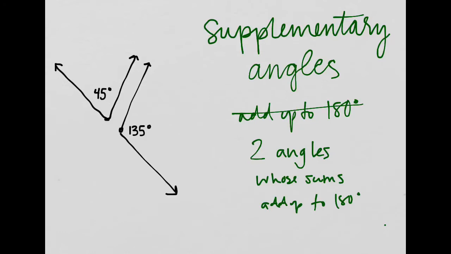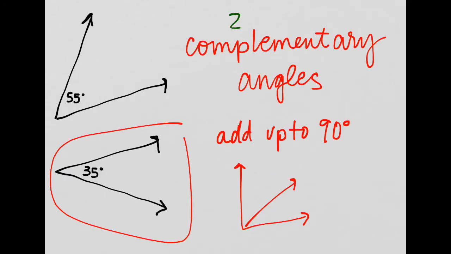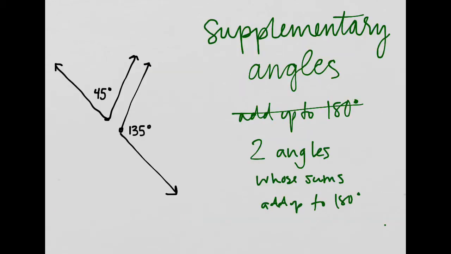Okay? The same with complementary angles. You have to have 2 angles that add up to 90 degrees. You can't have 3 and call them complementary. It's only when you have 2 angles. All right. If I were to take 45 and 135, and if I were to put them together, that sure looks like a straight angle, or 180 degrees, half of a circle.